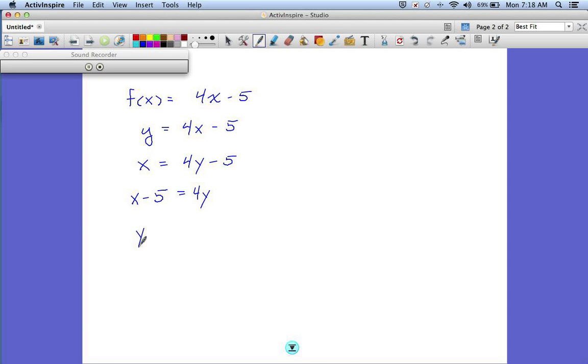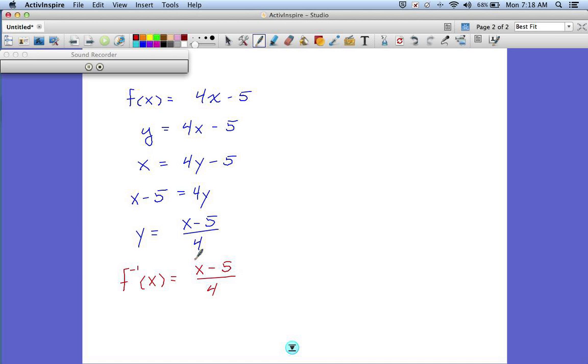So we get y equals x minus 5 over 4. And remember, since f of x already is y, we can't have two different things saying y equals when they're clearly different. So my final step then is to replace y with its new name, f inverse of x, which says it's x minus 5 over 4.